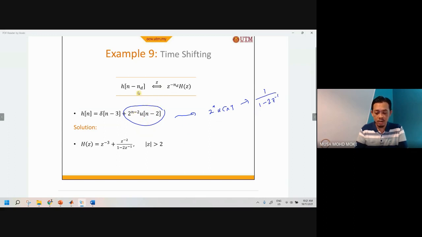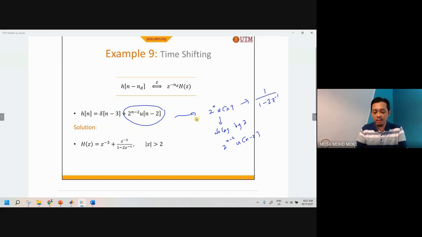Because this is h[n minus nd], so we have n here and another n here, and all these n are minus by 2. So it is delayed by 2 samples. So we know that we have a delay of 2, so this is where you get 2 to the power of n minus 2, u[n minus 2].